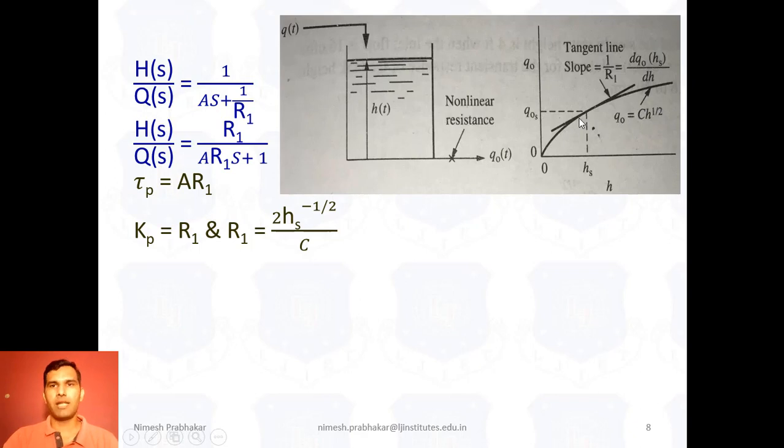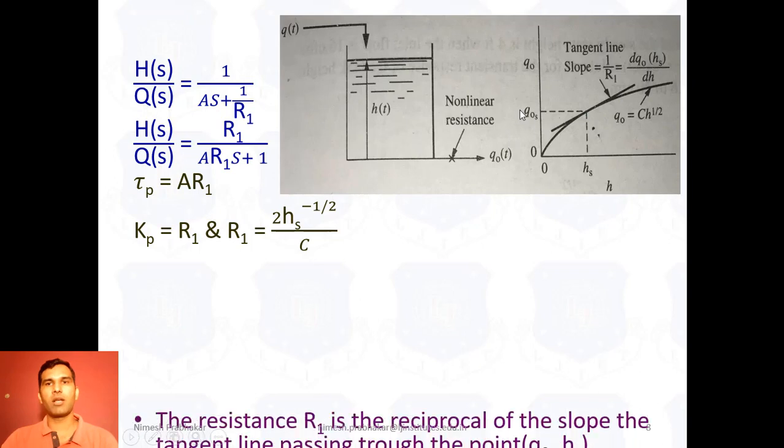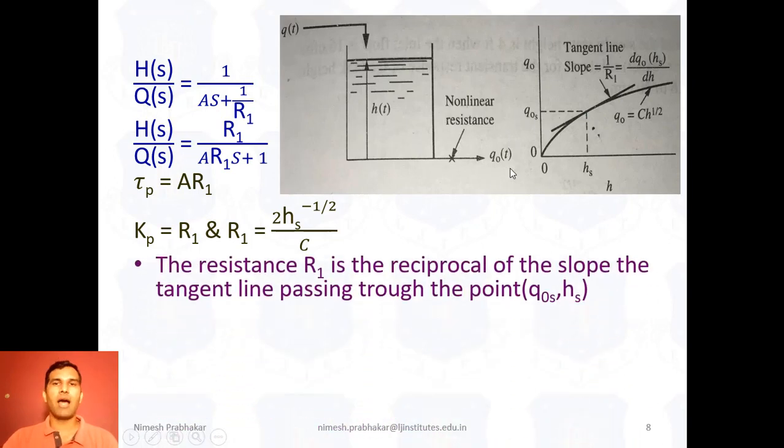But at the steady state value, that means at Hs and Qs, this follows some linear relation. This tangent is present. So we can say from the graph, the resistance R1 is the reciprocal of the slope of the tangent line passing through the point Q0s, Hs.